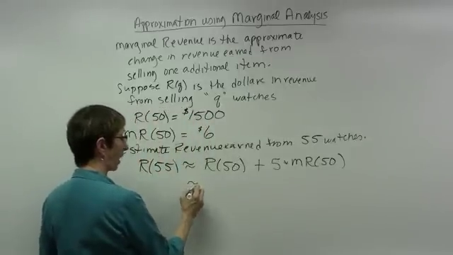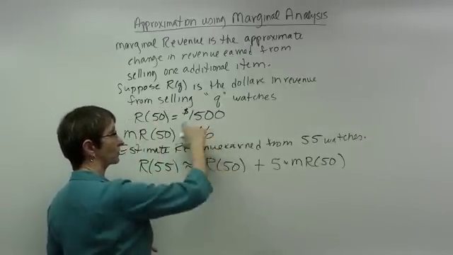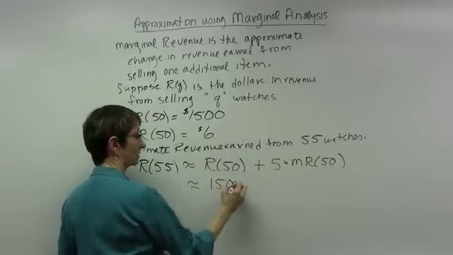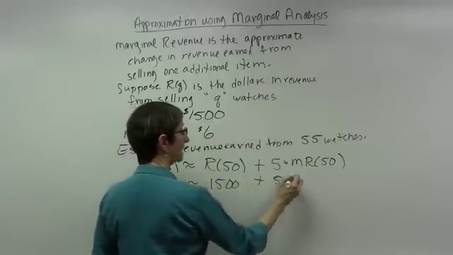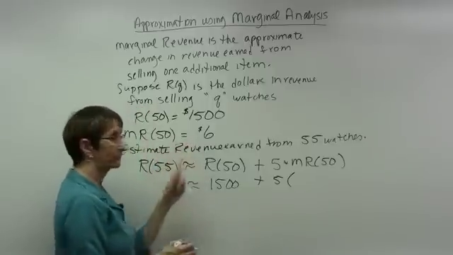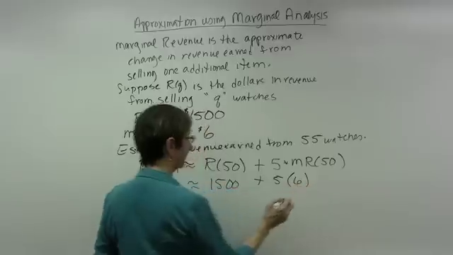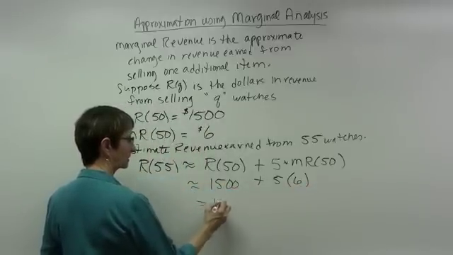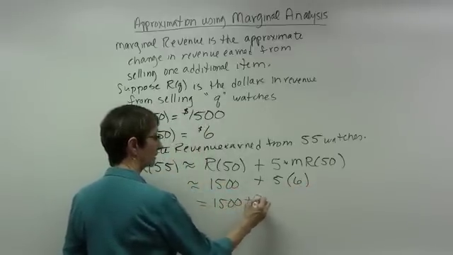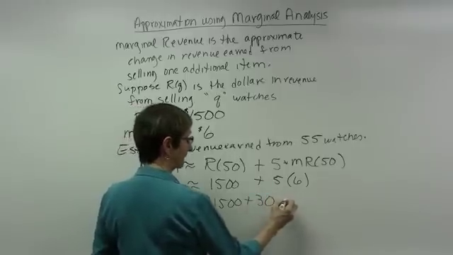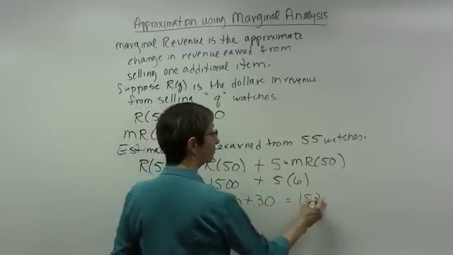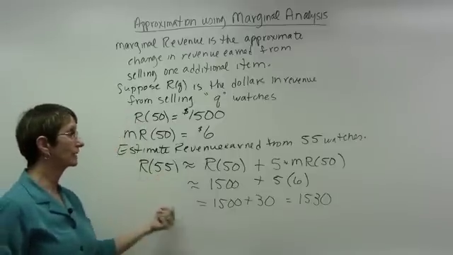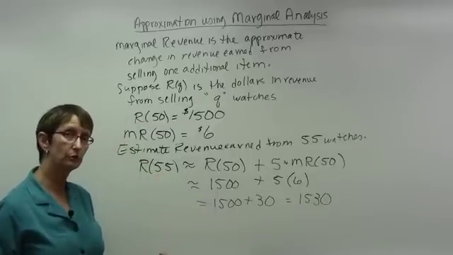This will be approximately 1,500 plus 5 times my marginal revenue at 50, which is 6. So I've got 1,500 plus 30. I estimate that my revenue from selling 55 watches will be $1,530.